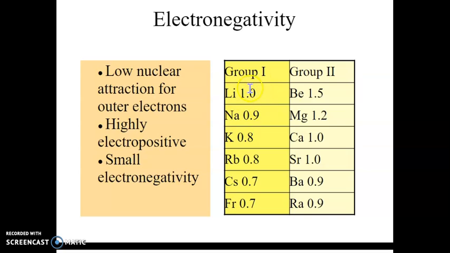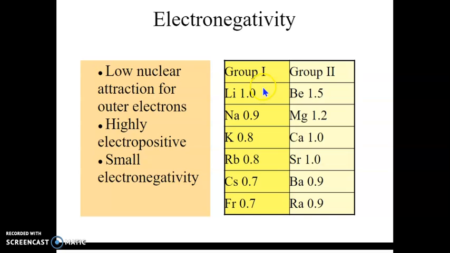These are some values. Here we see the electronegativity values decrease from top to bottom. Lithium shows 1, sodium shows 0.9, potassium shows 0.8, rubidium 0.8, cesium 0.7, francium also 0.7.